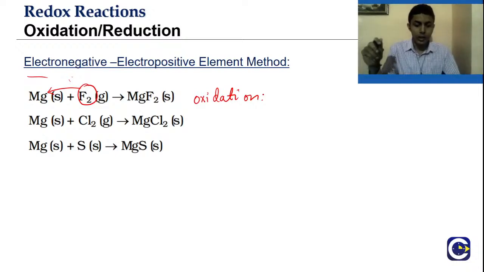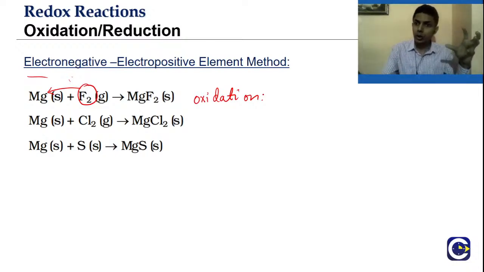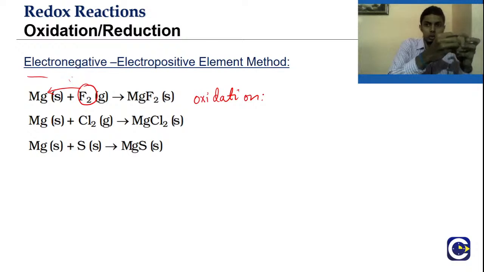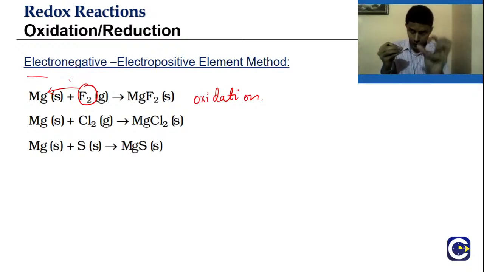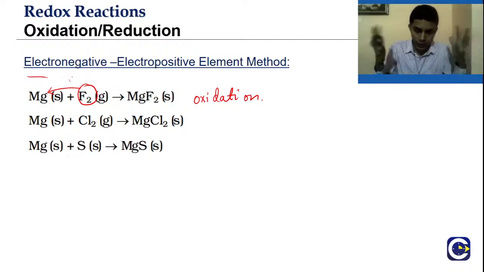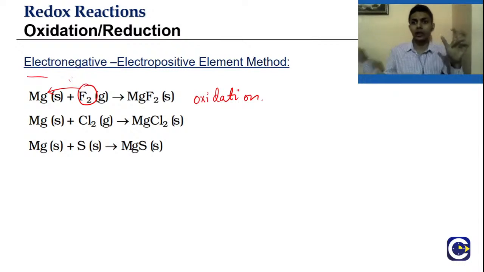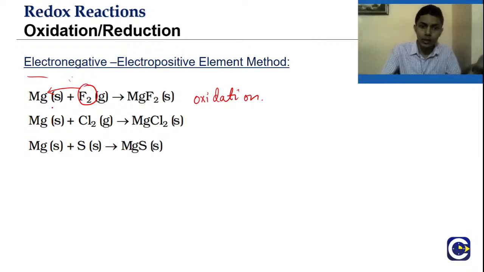Make sure you are understanding that if an electronegative element gets attached to some substance, then that particular element or compound is getting oxidized. In the same way, Cl2 is electronegative. So Cl2 gets attached to magnesium, giving MgCl2, which is the oxidized product. This is getting oxidized.